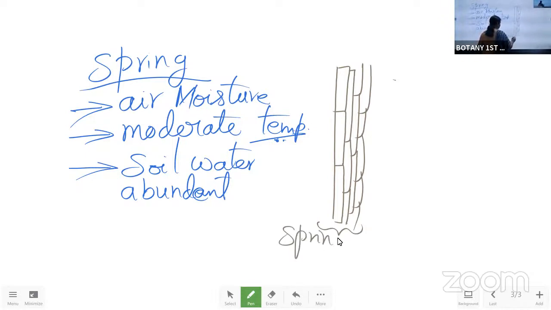It is a favorable condition. This is the xylem. Now comes the autumn season.